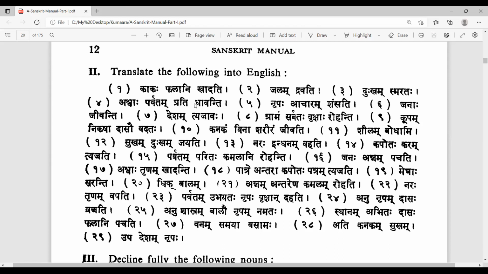ग्रामं सर्वतः वृक्षाः रोहन्ति. रोहन्ति क्रियापदं. के रोहन्ति? वृक्षाः रोहन्ति. कुत्र? ग्रामं सर्वतः. What does it mean?